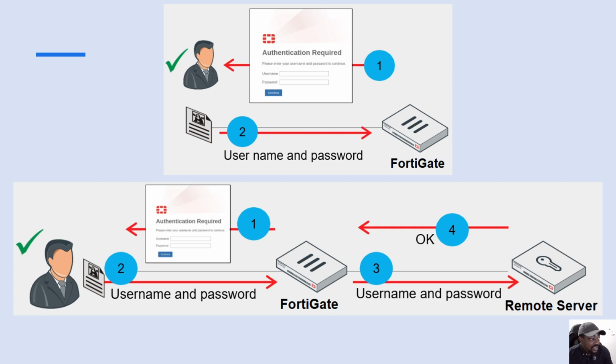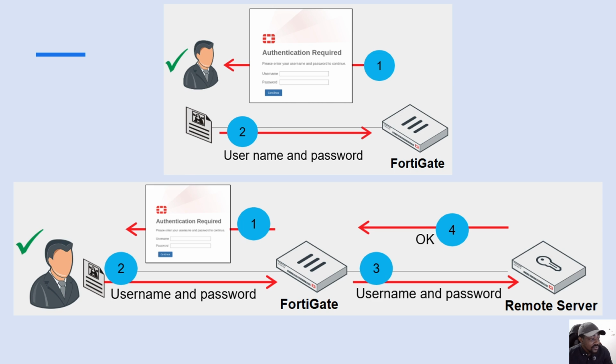The second image is for the remote server. It means, for example, you have an Active Directory server in which you have user accounts and groups, so you've already configured some settings there. When a user tries to connect to the FortiGate, he provides his user and password. Then the FortiGate will say, I don't know this information because it is not stored locally on the FortiGate firewall.